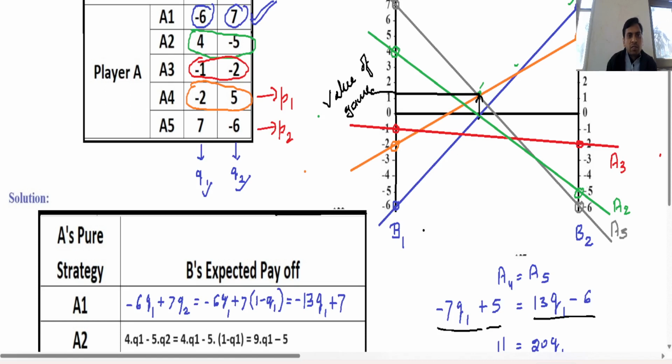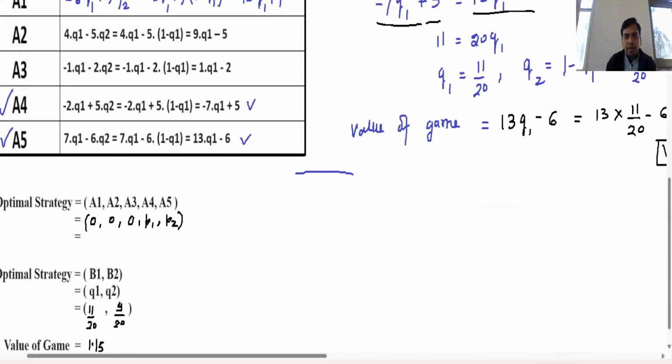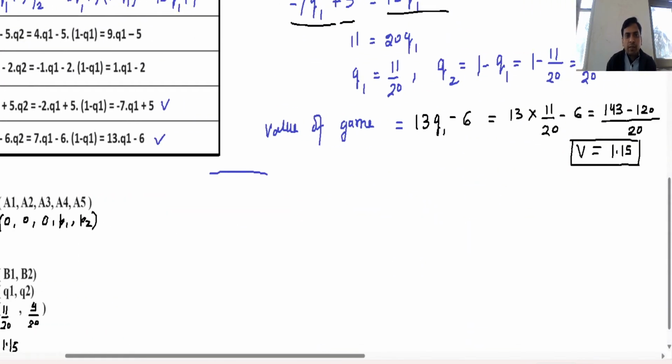The equation for this is -2 into P1 and 7 into P2. So we are finding the proportion for player A, the proportion of player A strategies.